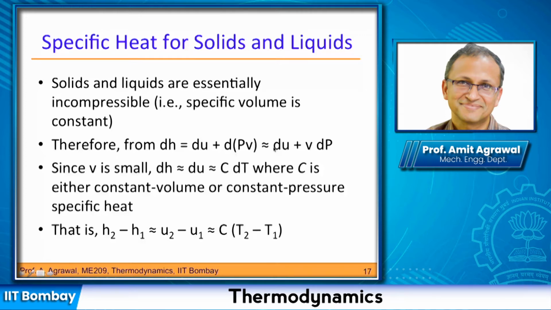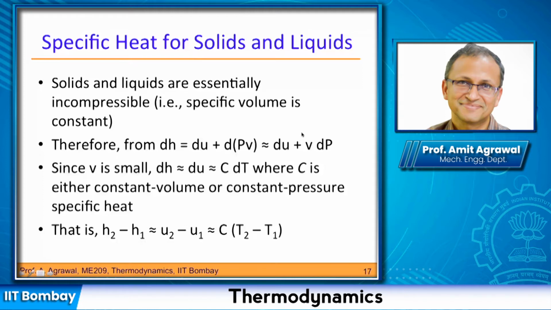And further, from the steam tables and from other tables that you would see, and of course this is something that we know, liquids and solids have large density. Therefore, their specific volume is small. Of course, large and small is always relative, so we'll have to see with respect to what.